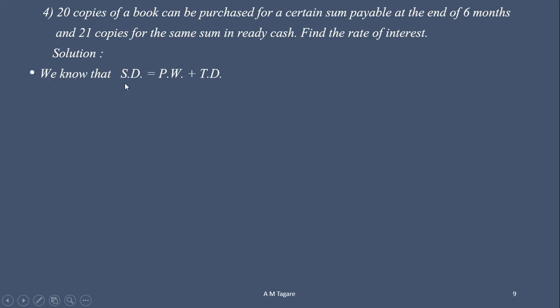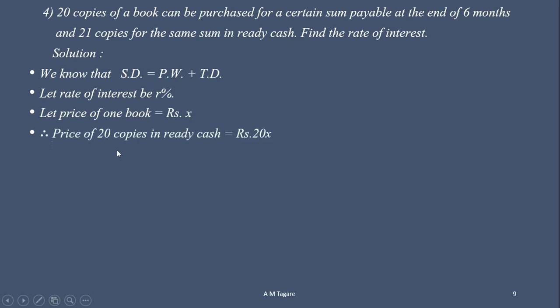Before that we have to use this formula: sum due is equal to present worth plus true discount. Now we consider the given: let the rate of interest be R%, and the price of one book be rupees x. So the price of 20 copies in ready cash is rupees 20x.